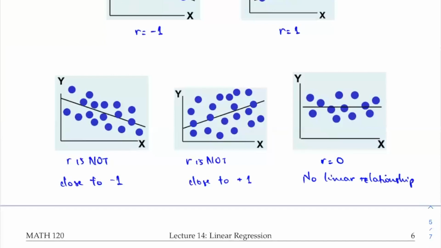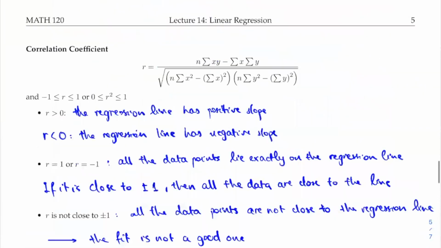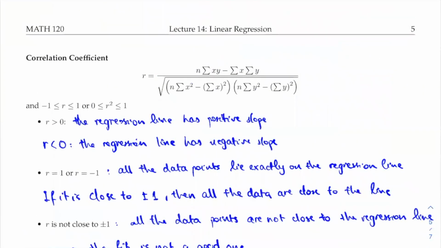All right. So that's the idea of the value of R, the correlation coefficient. Again, the correlation coefficient measures the strength of a linear relationship between two variables.